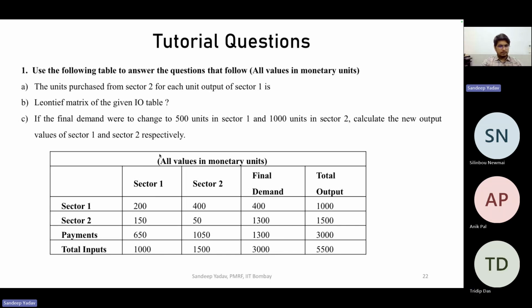So first we will move to question number 1.